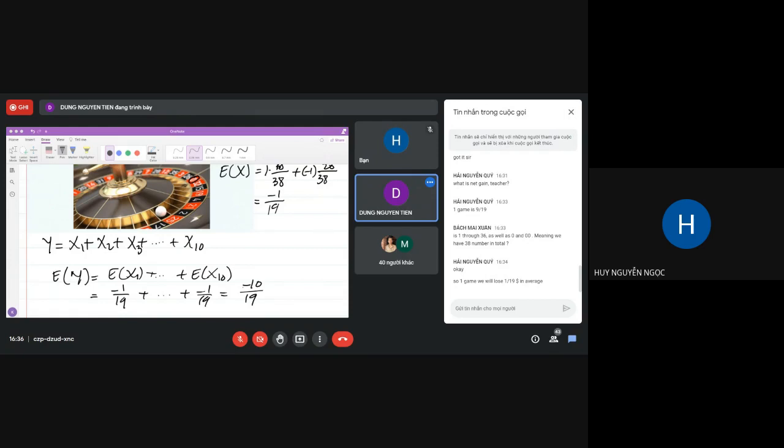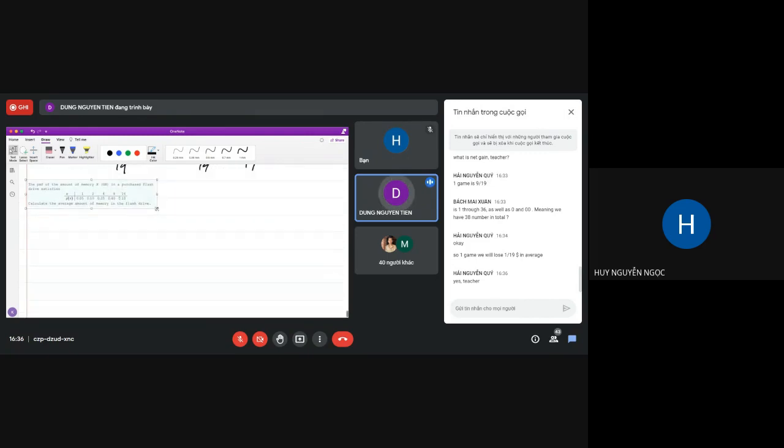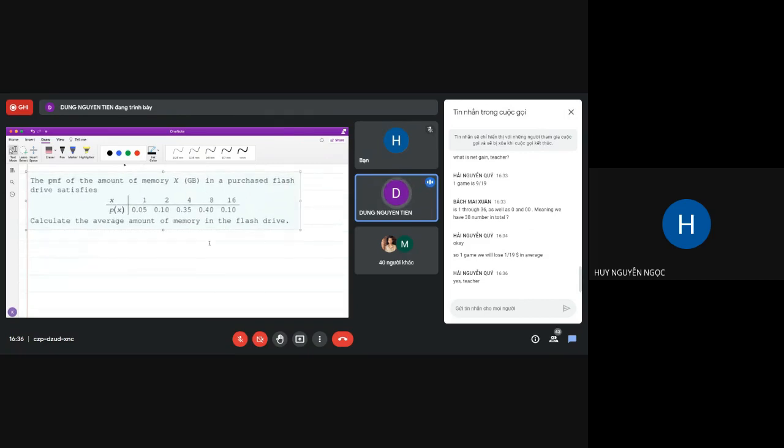How about the next example? The PMF, the probability mass function, of the amount of memory X in a purchased flash drive satisfies the following table.